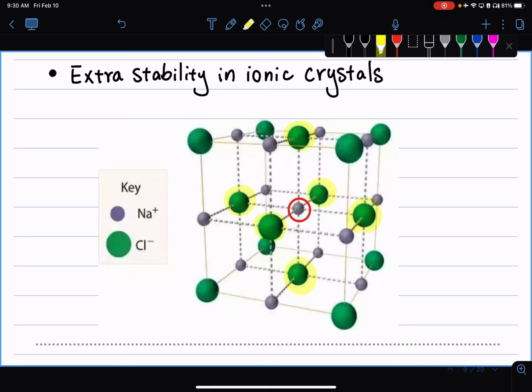Depending on how that crystal is packed, every charged particle in that crystal is stabilized by multiple electrostatic stabilizations. So that explains why the solid structures of these ionic compounds are very stable. They're stabilized by multiple electrostatic forces, and that's why ionic compounds tend to have very high boiling points and melting points.